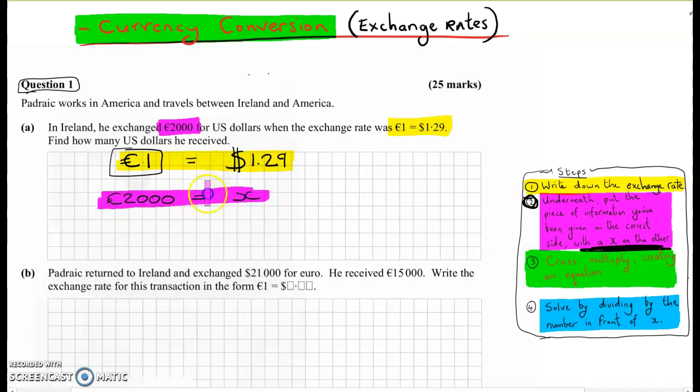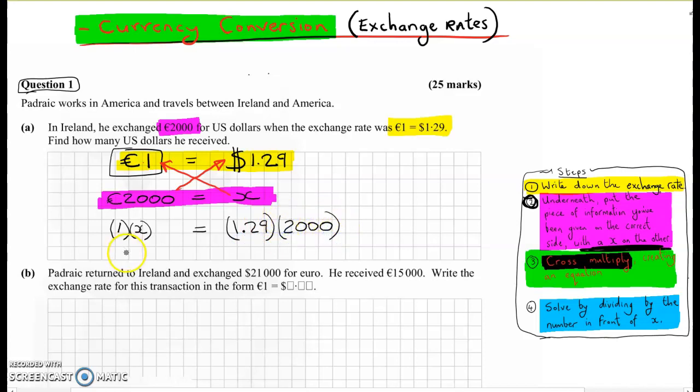Now, what do I do next? I cross multiply. Okay, cross multiply. So this is going to multiply by this, and this is going to multiply by this. So you'll have 1. You can put in the euro symbol if you want. I'm not going to bother anymore. 1 by x is equal to 129 by 2,000.